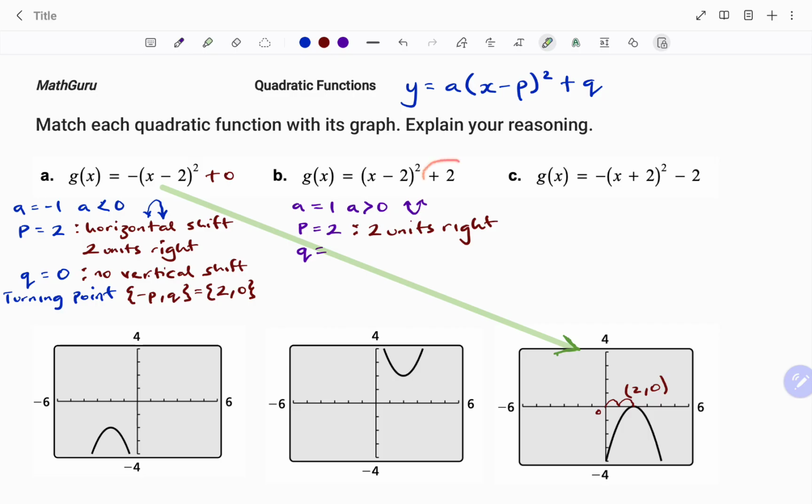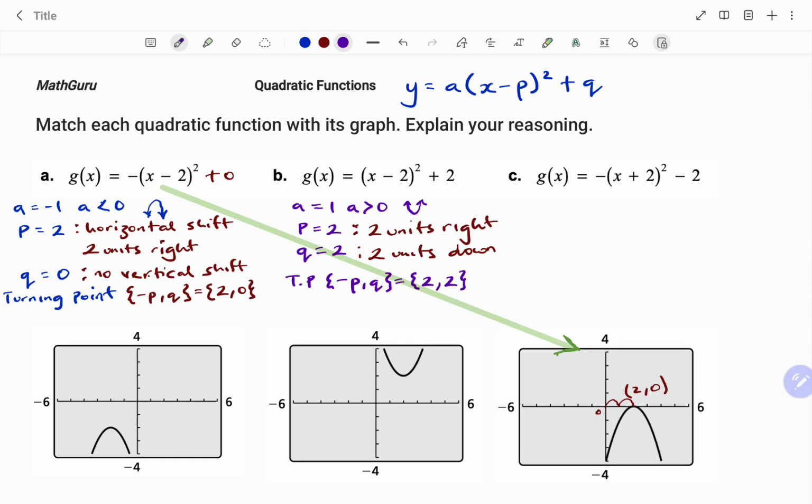I have a plus 2 at the end there, and what that means is the value of q is positive 2, and therefore I have a vertical shift. Because it's positive, I have that as 2 units up. Therefore, I can write my turning point, which I'm going to abbreviate as TP, will be p, q. Therefore, my turning point here will be 2, and then my q is also 2.